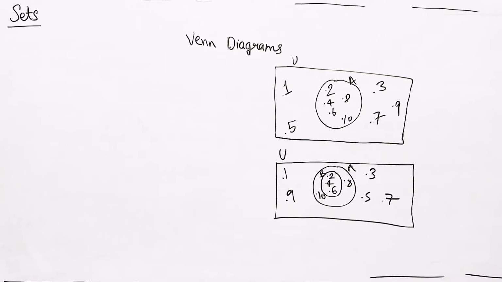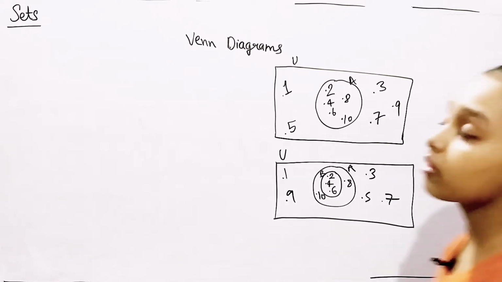It's really easy. In the first one, we have the universal set, which has the elements from 1 to 10. Let me write it on the board.